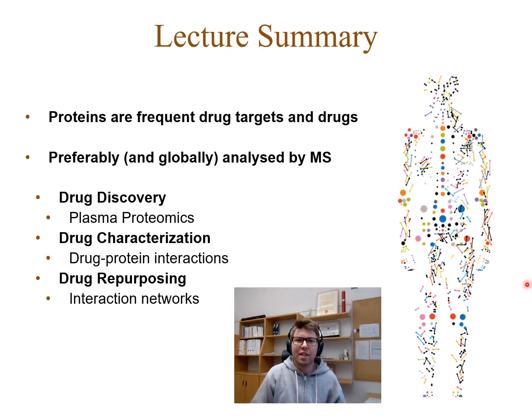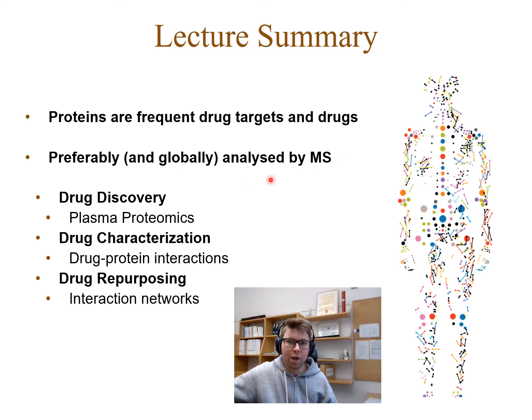So to sum up this lecture, I first talked about proteins, and that proteins are both frequent drug targets and drugs per se. I also made a case that proteins are preferably and globally best assessed by mass spectrometry.